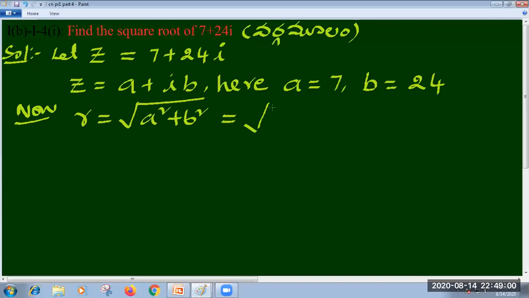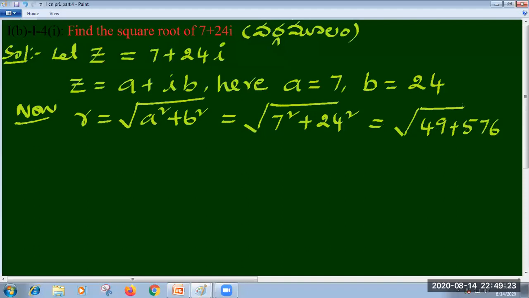So here 7 square plus 24 square, that is 7 square is 49 and 24 square is 576.